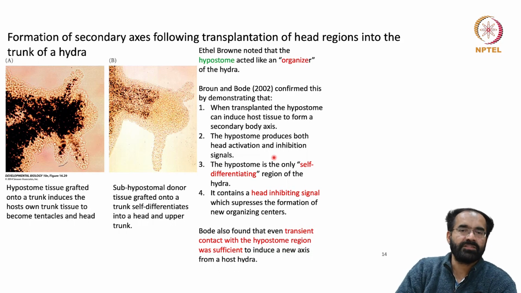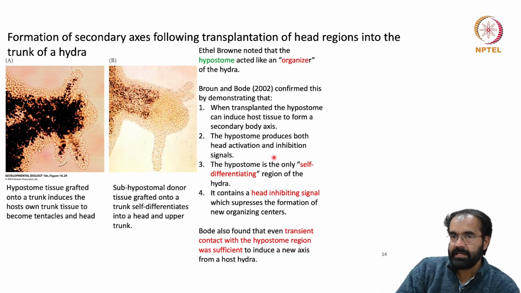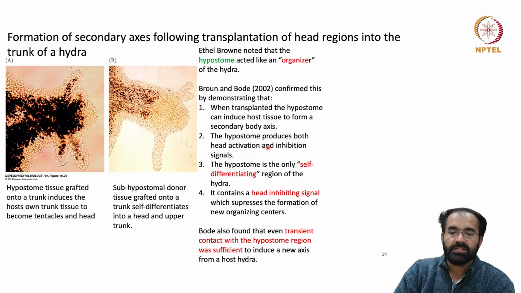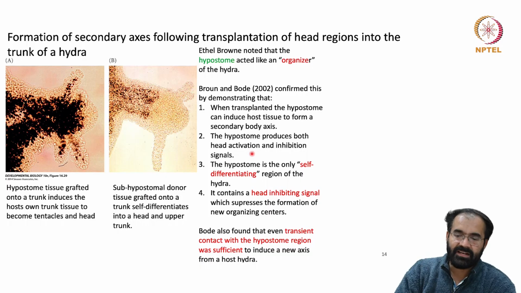You could have five heads, no? But it doesn't. Once one head has started forming, it does not allow another head to start forming. This is something very interesting you should note. The same head-favoring signal allows a head to form, but does not allow multiple heads to form. So the hypostome produces both head activation and inhibition signals.